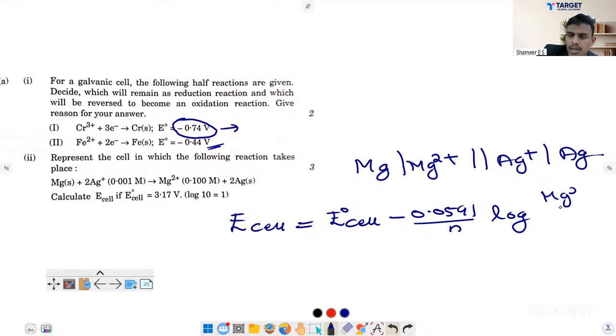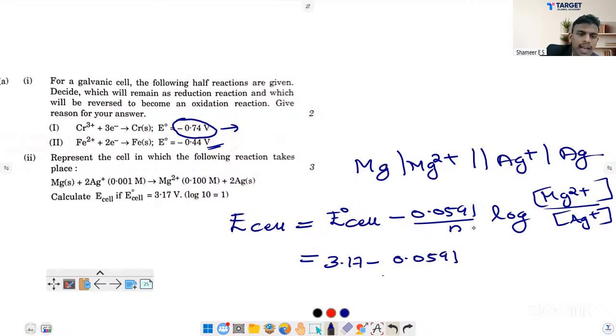Okay, E0 cell is 3.17 minus 0.0591 by n, n being the number of electrons involved, times log of the concentration ratio. The concentration of Mg2+ is 0.1, so we can write 1 by 10. The concentration of Ag+ is given as 0.001, that is 1 by 1000.